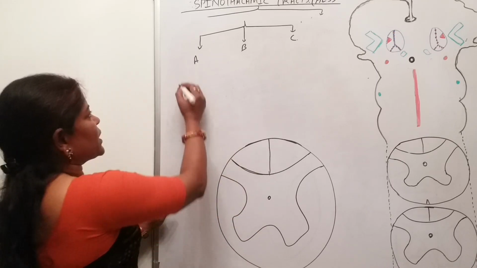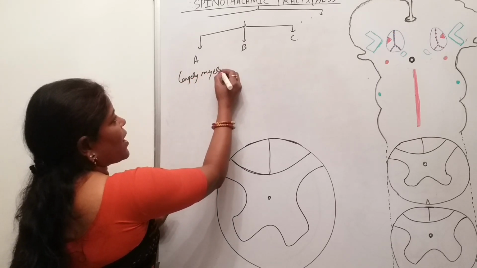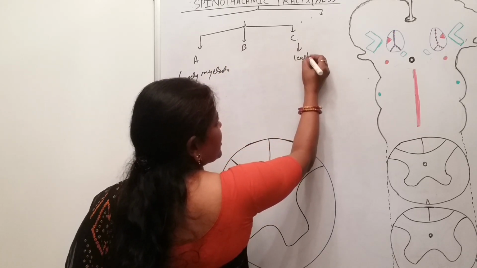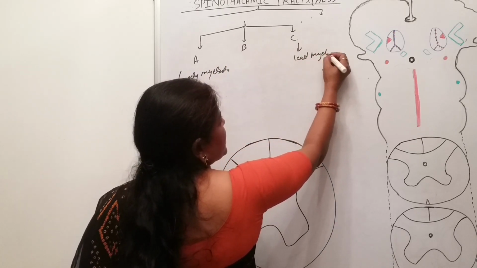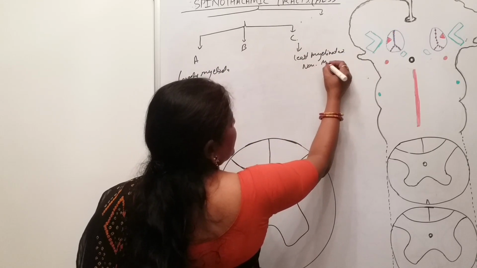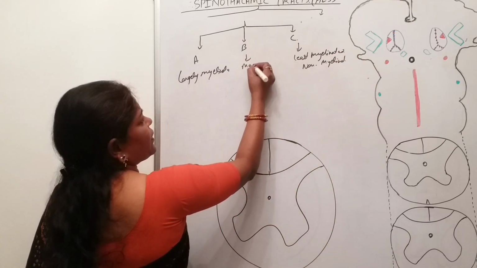The A fibers are largely myelinated, and the C fibers are least myelinated, or non-myelinated. B is moderately myelinated.